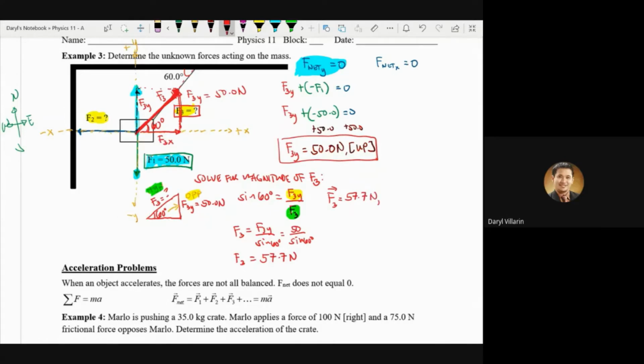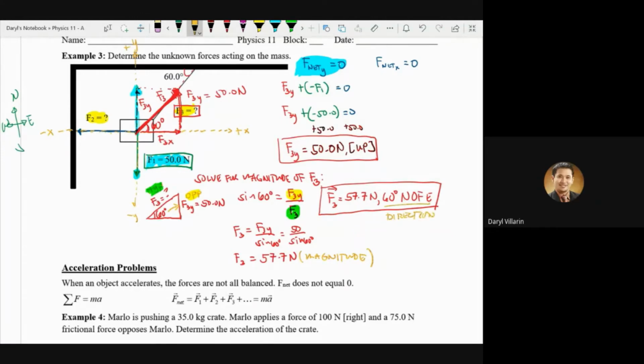Direction is 60 degrees north of east. So remember that 57.7 just gives you the magnitude, but this whole thing, this is the direction.